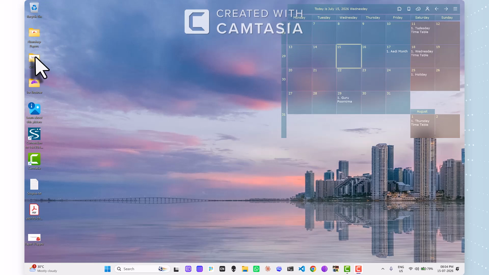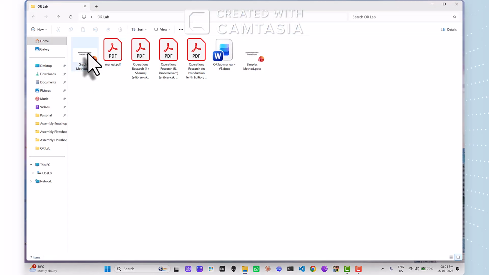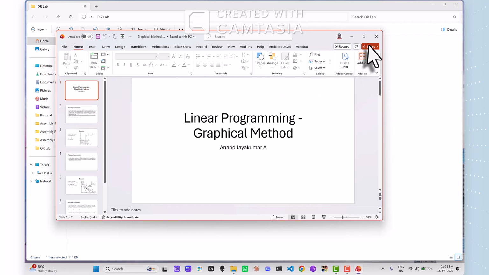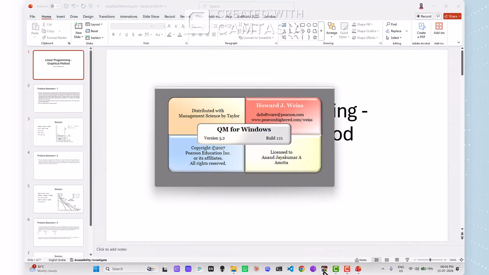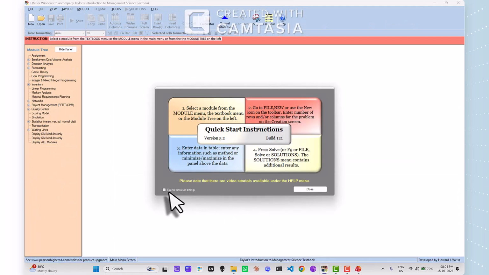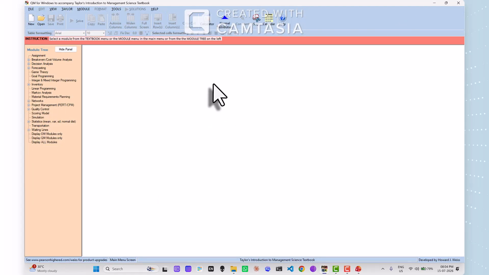Today we are going to see how to use POM-QM software for graphical method in operations research. So as you can see, we are starting the POM-QM software. This is the opening screen of the POM-QM software.